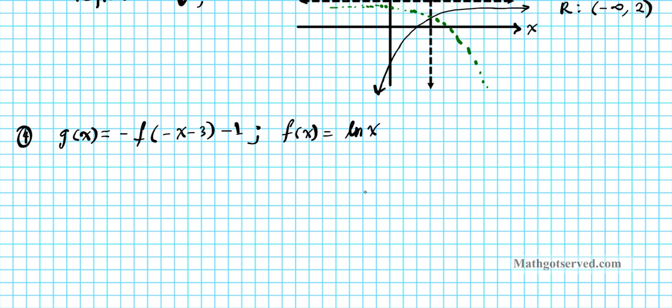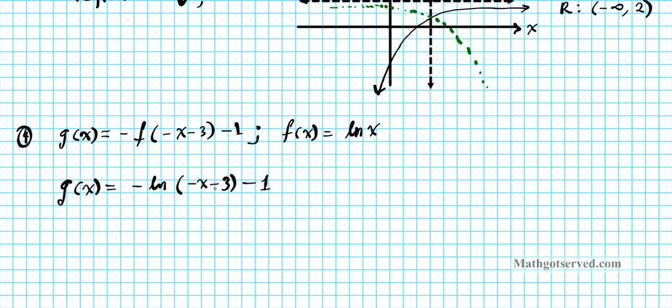Alright, so let's try this one. So if we compose the natural logarithmic function with negative x minus 3, we're going to get the function g of x is going to be negative natural logarithm of negative x minus 3 minus 1. Okay, just replace the x with negative x minus 3.